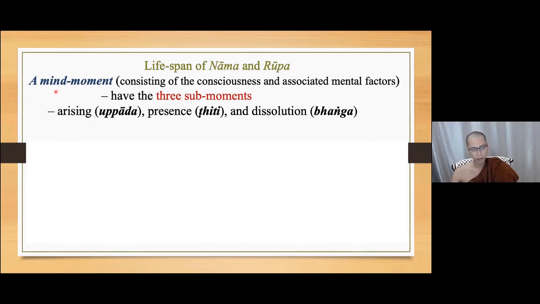Even the mind movement is very short. In one blink, it can arise billions of times. But although they arise in such a short time, we can divide each of them into three sub-moments: arising, present, and dissolution.